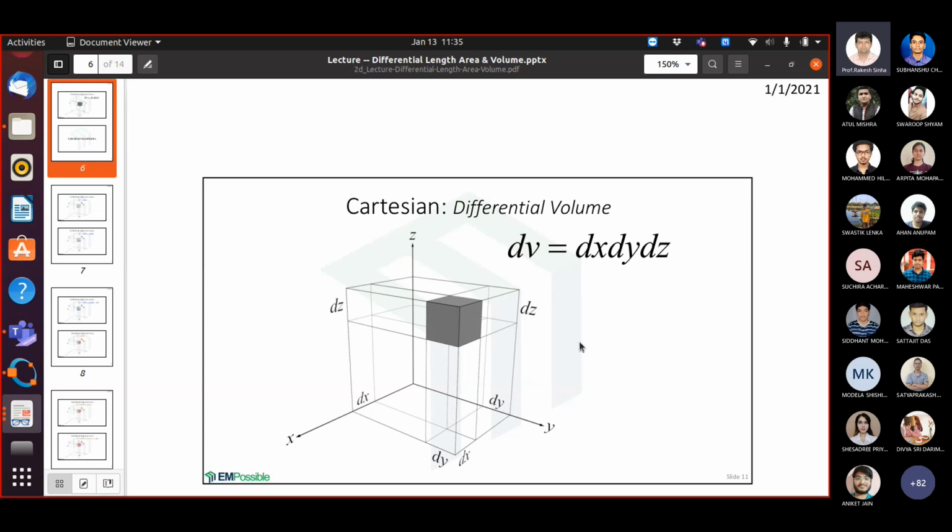Now let's consider that the volume we are considering is not a regular shape, but an irregular shape. So how can we solve this? Let's consider you have a certain charge distribution over an irregular volume.